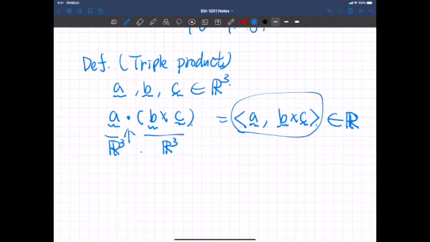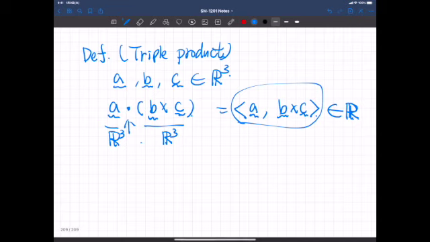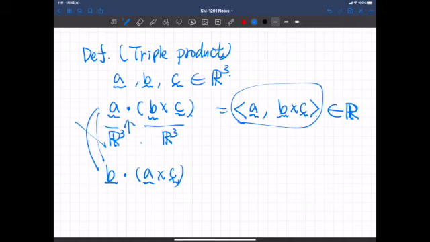So it's a number, not a vector. Be careful. This is different from this. So order matters. If you write, for example, B dot A cross C, this is completely different from this. They're different.